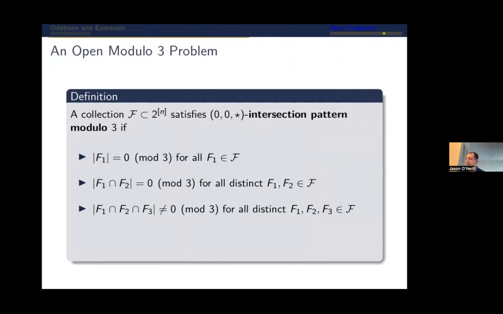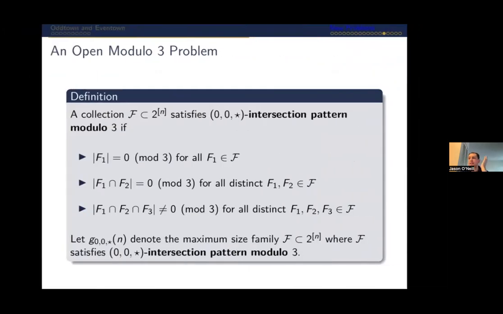Okay. So this is a new problem, mod 3, and what we're trying to do, just like the other problems, is find the largest such family. Okay. So this is a problem that is open. I don't think we're going to solve it by the time we post it on arXiv. So it should be open. I hope someone can solve it.